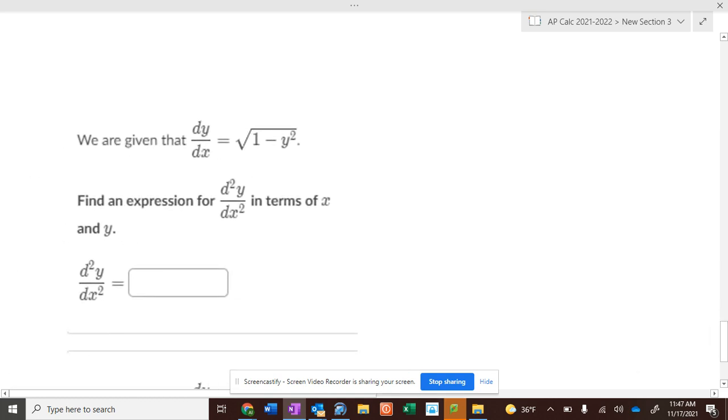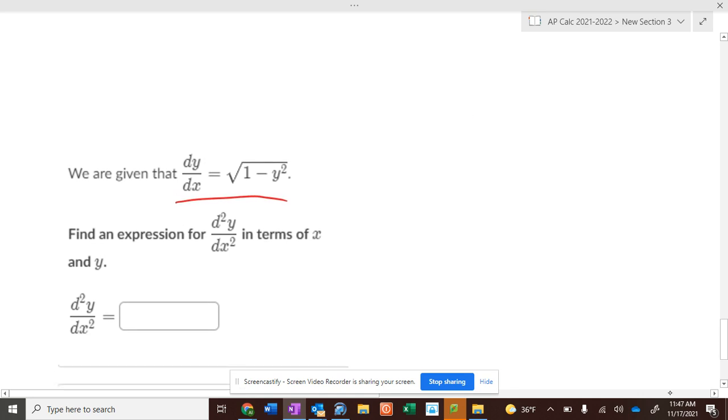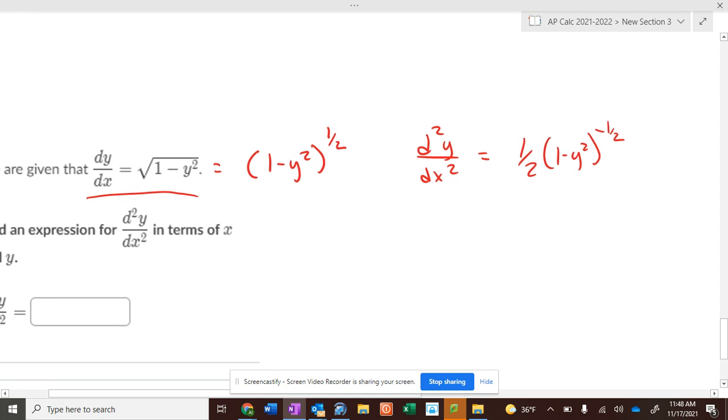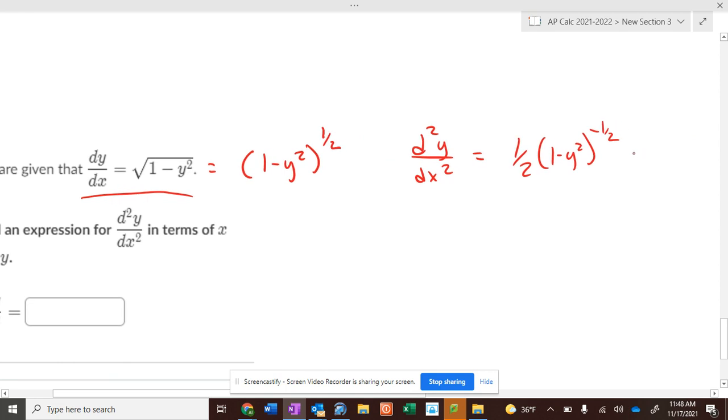We're given this. What is the second derivative? This is really a first derivative, isn't it? So the second derivative would simply be, because this is really 1 minus y squared to the 1/2, so the second derivative is 1/2 times 1 minus y squared to the negative 1/2 times the first derivative of the inside, which is negative 2y dy/dx.